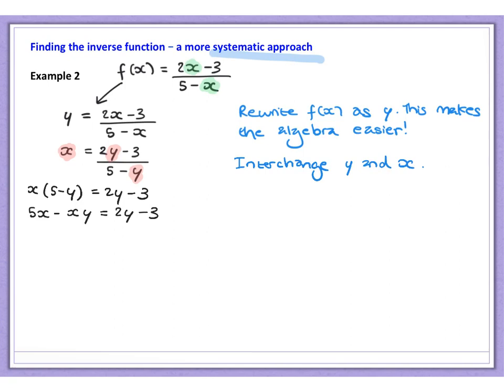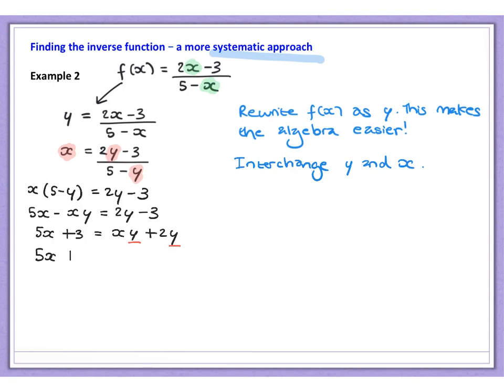We are changing the subject to y, so we want to collect all the y terms on one side and anything that doesn't contain a y on the other side. So we have 5x plus 3 equals xy plus 2y, collecting the y terms on the right-hand side. We now have y appearing twice, which means we need to factorise on the right-hand side.